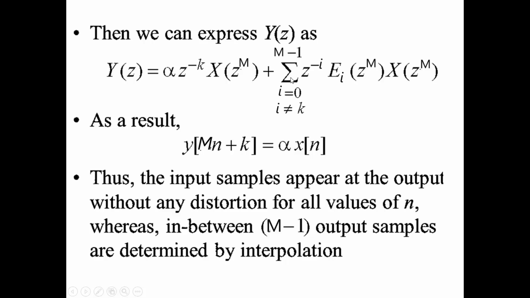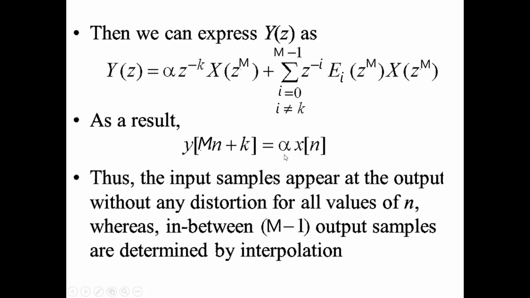Now, if we downsample and we want to recover the signal x[n] back, then we can recover it if we take the inverse z transform and the difference equation. So y[Mn plus k] will be equal to alpha x[n]. Thus, the input samples appear at the output without any distortion for all values of n.